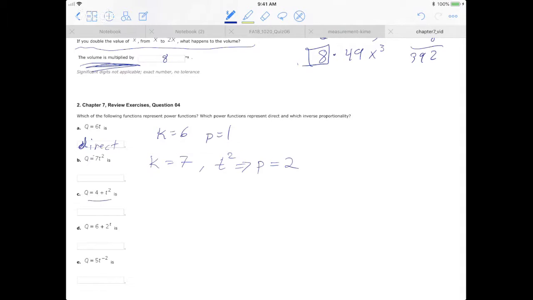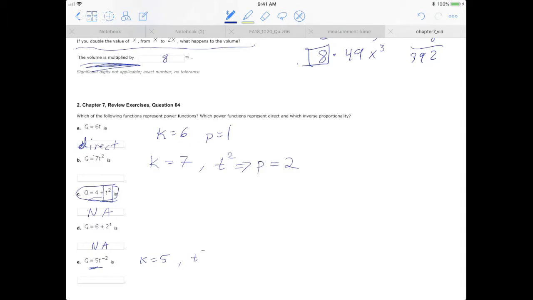Now this fella, not so much a power function. We have a constant plus a kx, or a kt to the p in this case, so not quite a power. Same thing here. In this one, we've got k is 5, right? The constant hanging out in front of the variable.